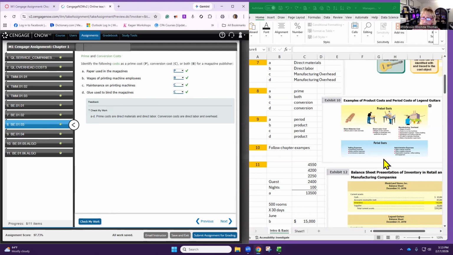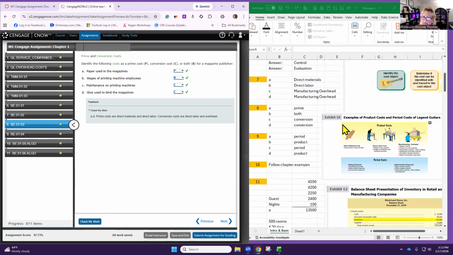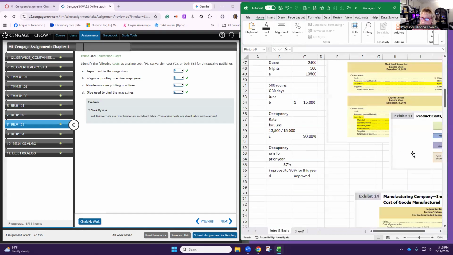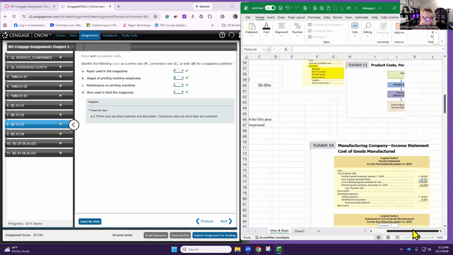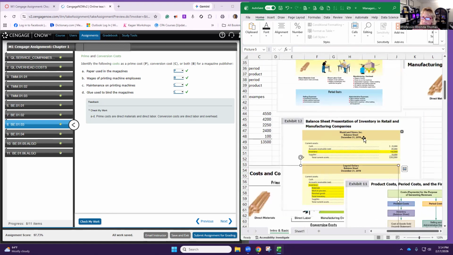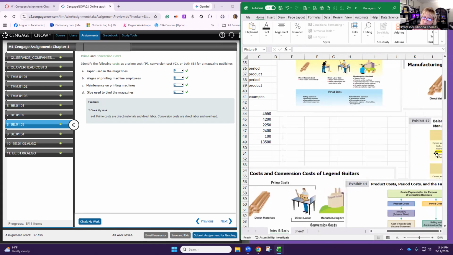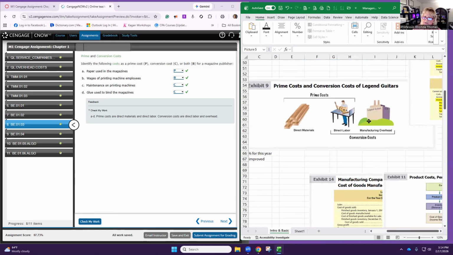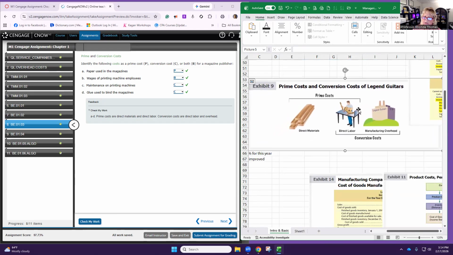Now let's divide them into what's called prime and conversion costs. Let me go over here and look. Prime is direct materials and direct labor, these two here.